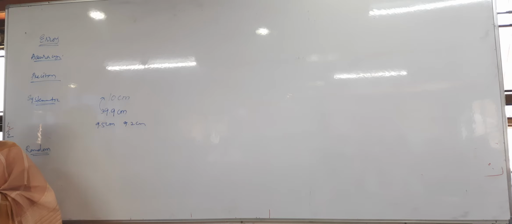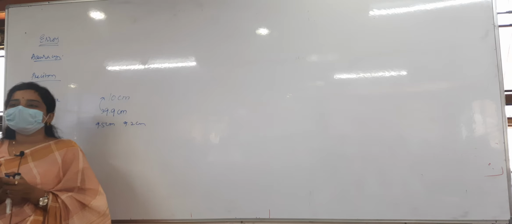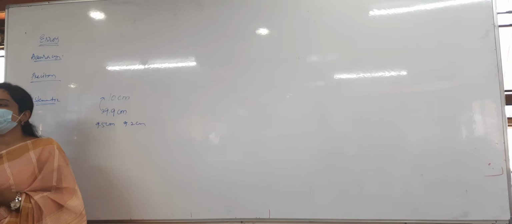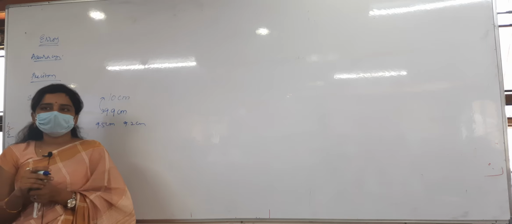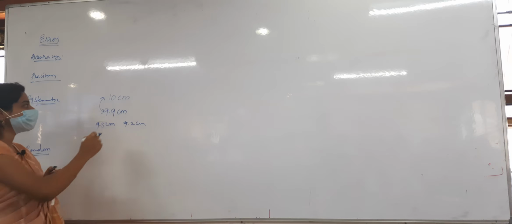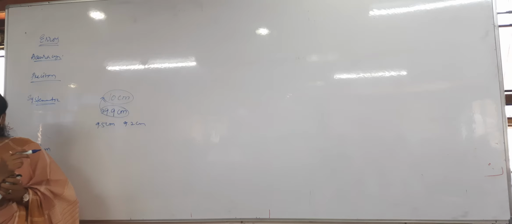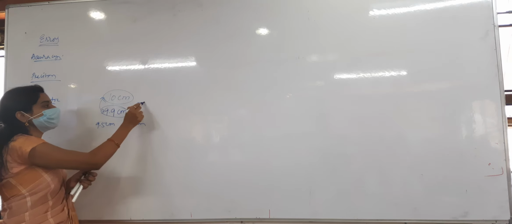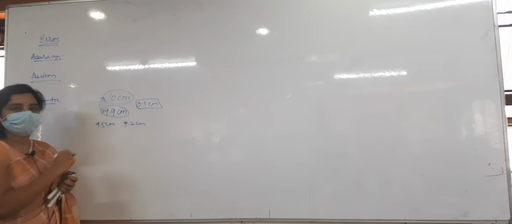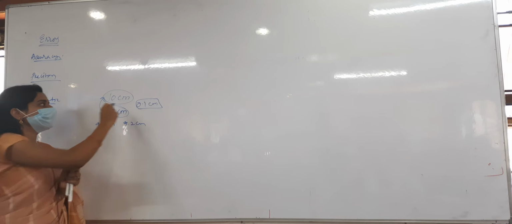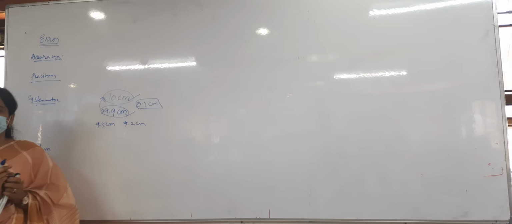Error means mistake, the difference between the measured value and the true value. For example, the true value is 10 centimeters and I measure it as 9.9, so I have some error here, 0.1 centimeter. That is the error. So error is the difference between the true value and the measured value.